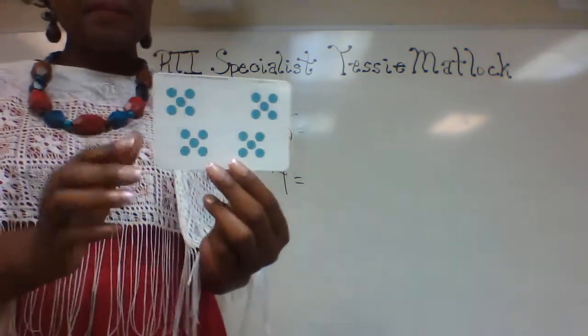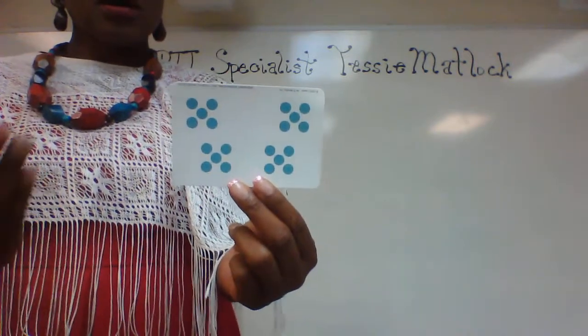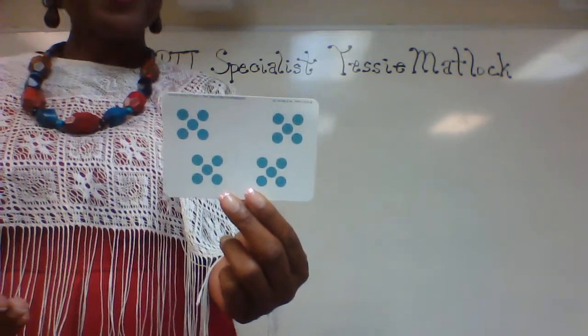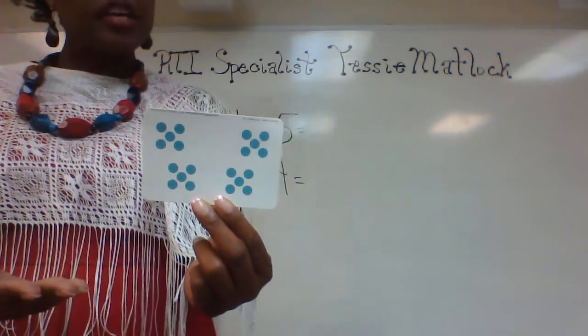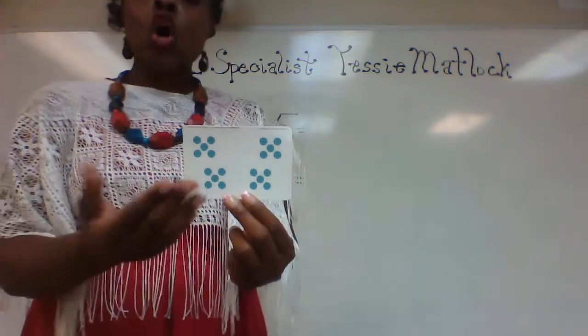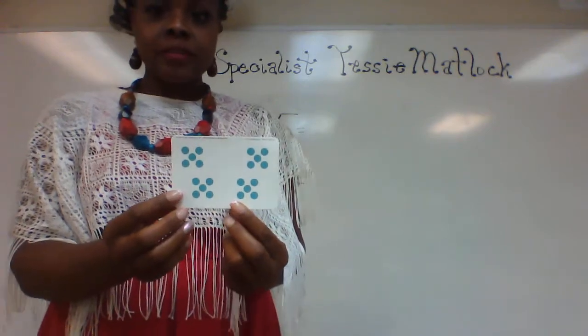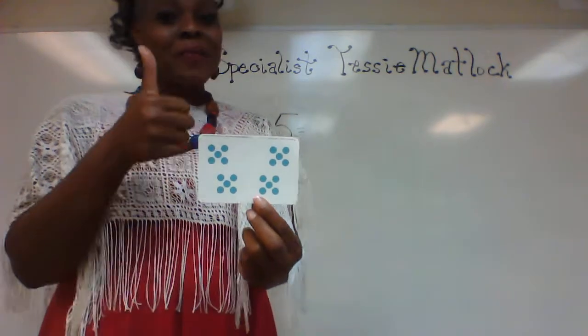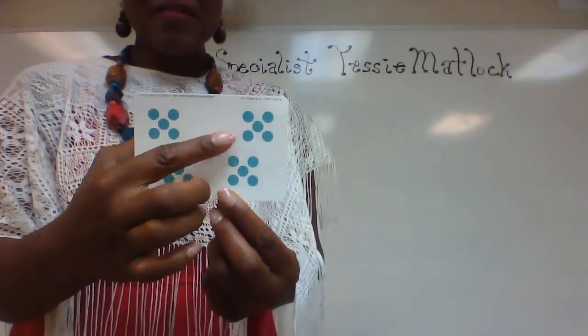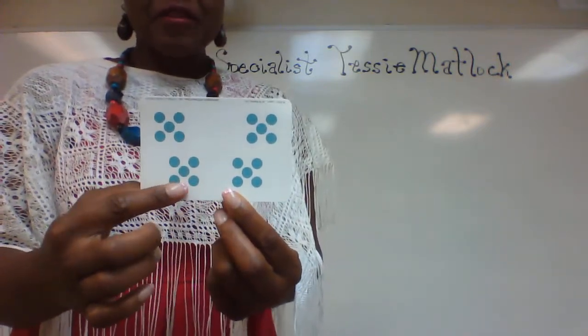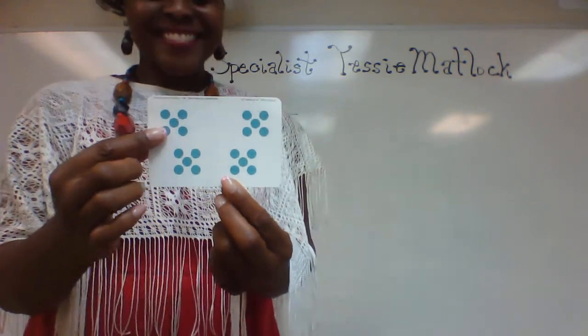Now, how many are in each group? Good. 5. But what's the product? What's going to be the total number represented? Good job. I'm hearing some say let's count by 5s. 5, 10, 15, 20.